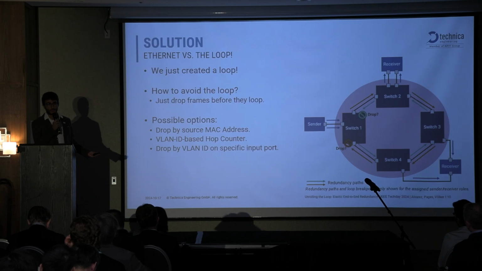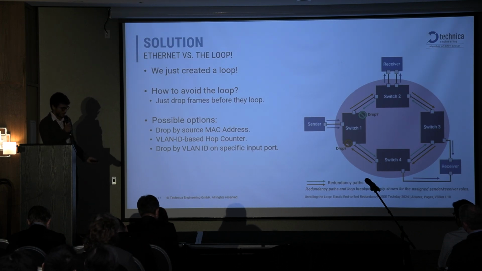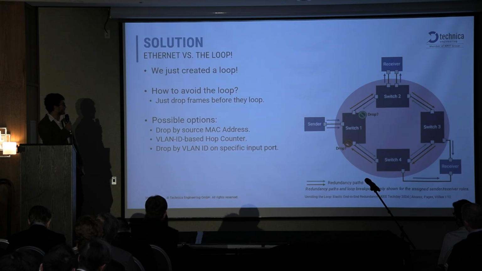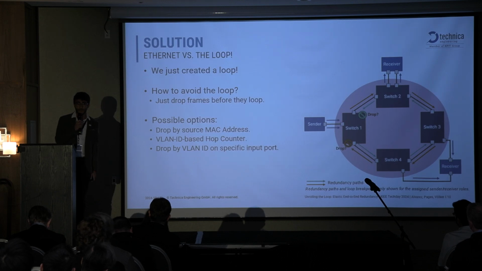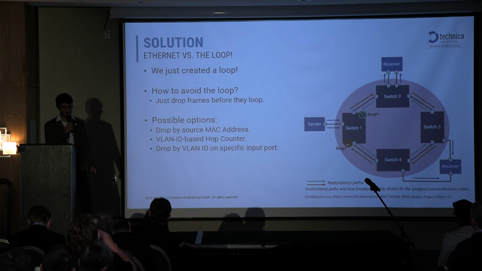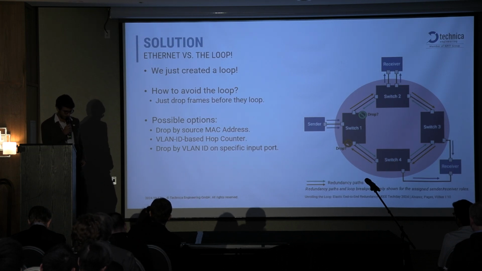And for that, we have proposed different options. Our first option is to drop frames by the source MAC address of the sender. The second one is to use a hop counter that is VLAN-based, and the third one is to drop frames by the VLAN ID on specific input ports. And in the next slides, we will explain a little bit all these three solutions.